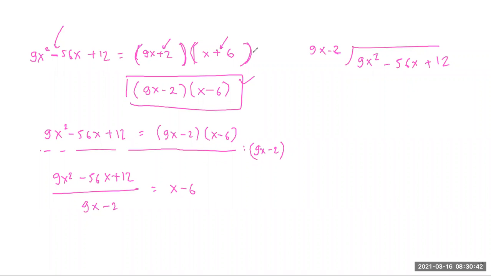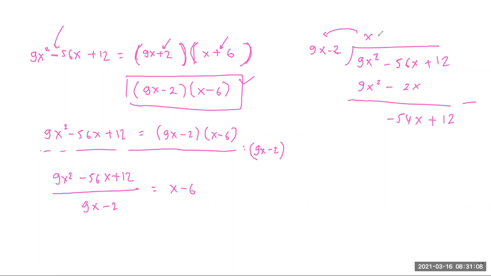Okay, the first thing that I need to eliminate is 9x squared. Therefore, I need to multiply by just x, right? Since if I multiply by x, it becomes 9x squared minus 2x. When I subtract all, it becomes negative 54x plus 12. So how to make it negative 54x?